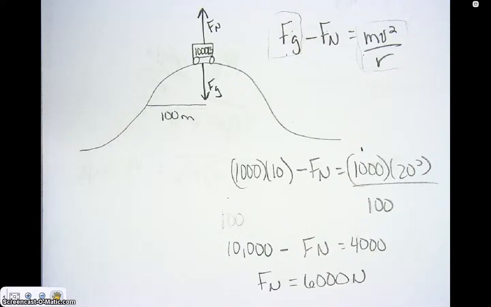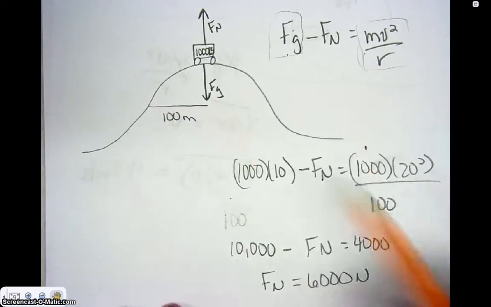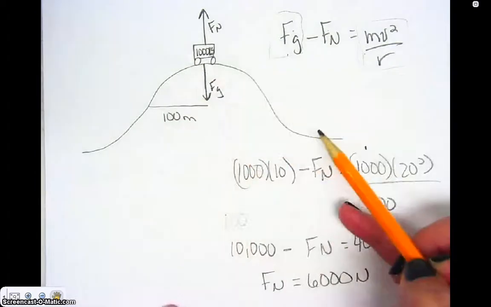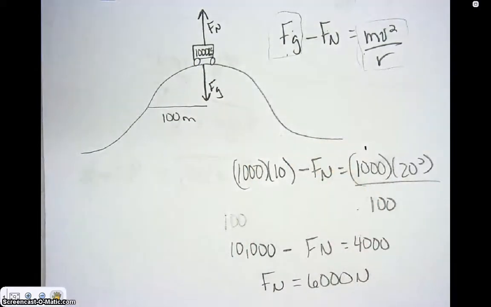Now let's think about that. Does this make sense? Remember that normal force is always your own personal perception of your weight. It's how hard you're pushing into the surface, and how hard you push into a surface gives you this sense of your own weight. As you're flying up and over the top of a hill, you can feel your butt rise out of the seat, right?